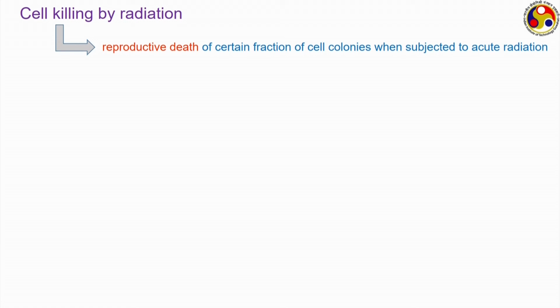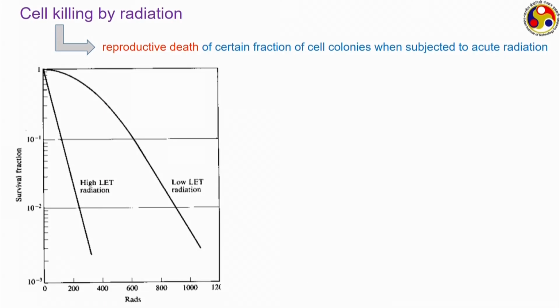That cell killing, or causing the reproductive death, depends upon the level of the dose. Again, experiments are conducted with different cell colonies, subjecting them to different levels of radiation, and then observing what fraction has suffered this cell killing, and it has been found to be proportional to the LET again. Like in case of high LET radiation, it is a very sharp decline. You can see it is a vertical straight line which is going down very rapidly.